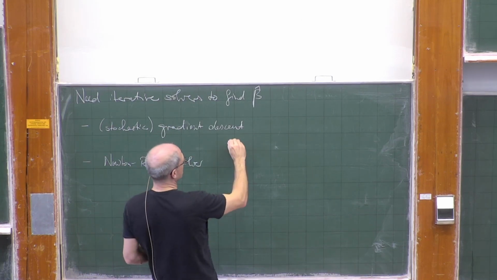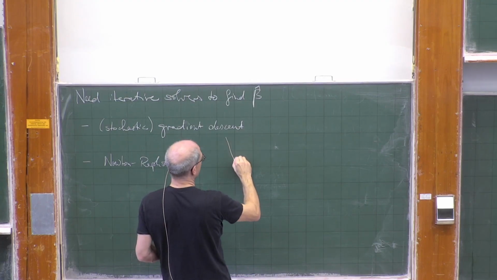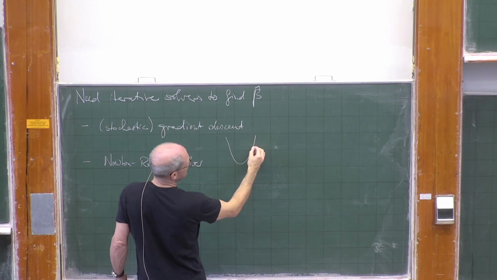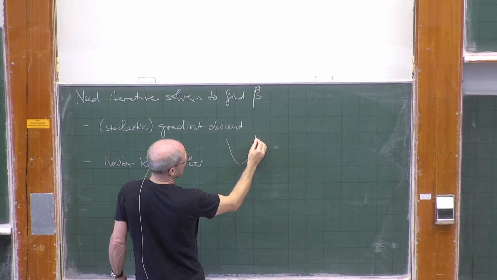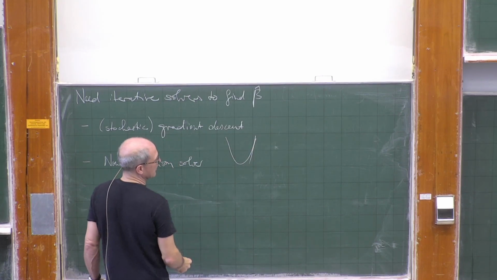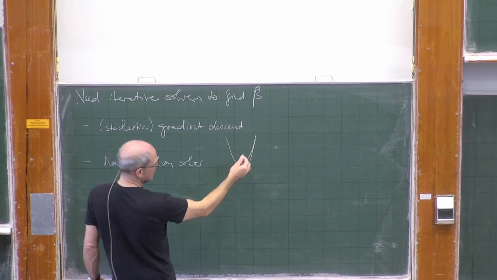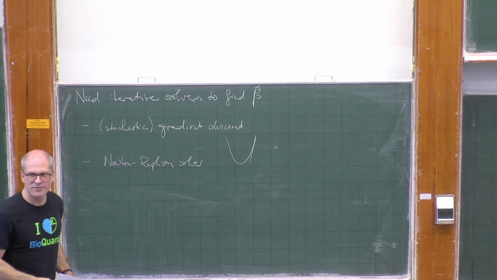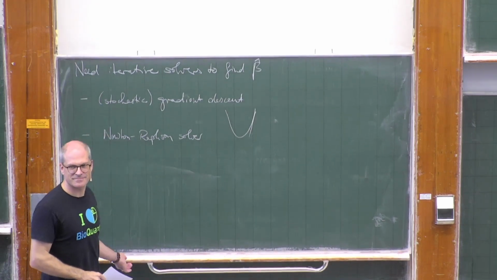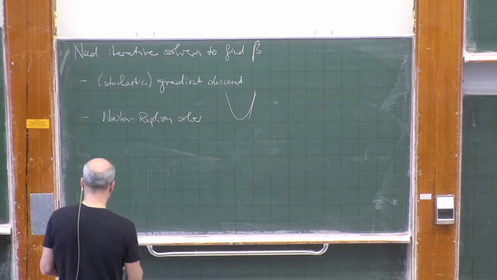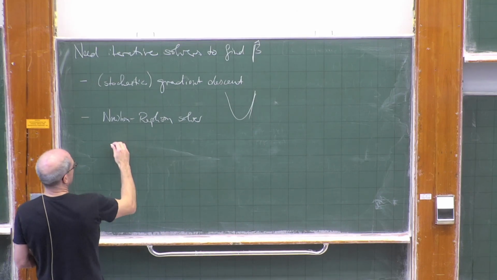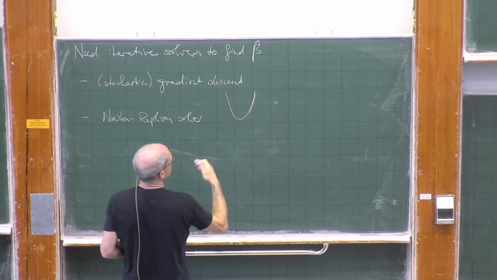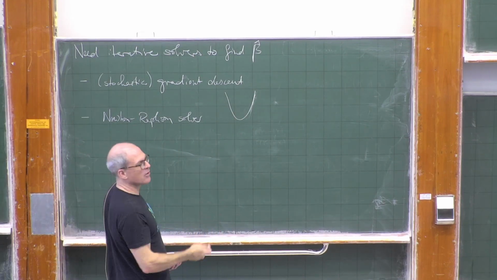So a Newton-Raphson solver is one where, if you're given some parabola, you can estimate the gradient and you can estimate the curvature. And then if your surface is a parabola, you're going to find the optimum in a single step. And here, our loss function is not a parabola, so we're not going to find it in a single step, but we can just pretend that it's a parabola locally.